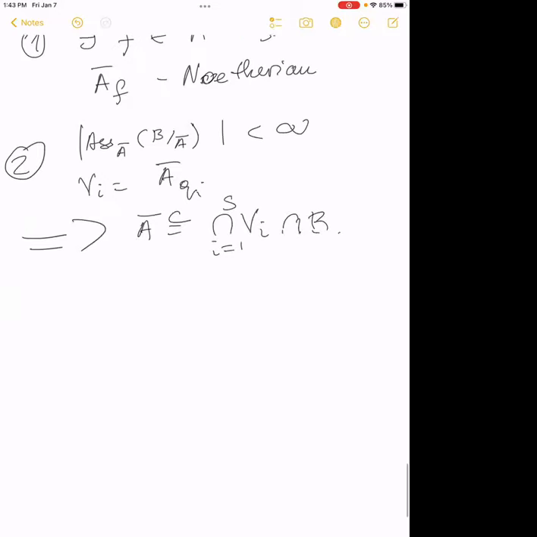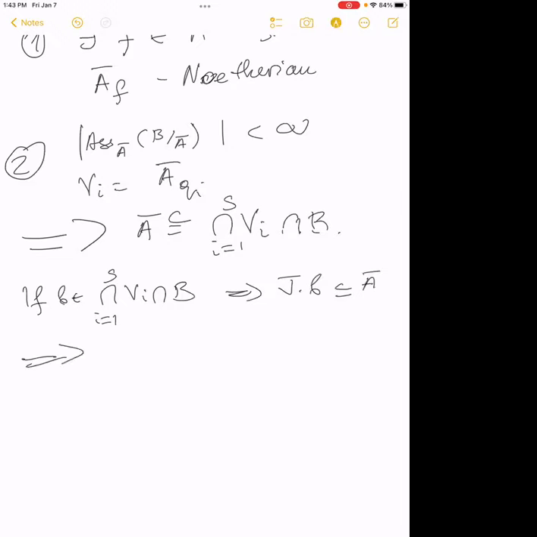So to get the other part, the opposite inclusion: if b is an element in V_i intersected with B, then consider the ideal of elements such that when you multiply b with an element in A bar, it belongs to A bar.